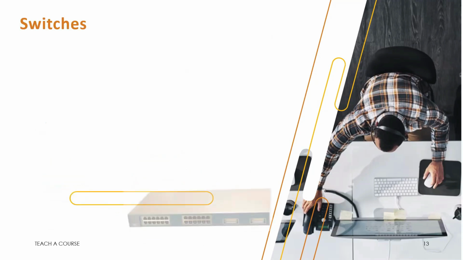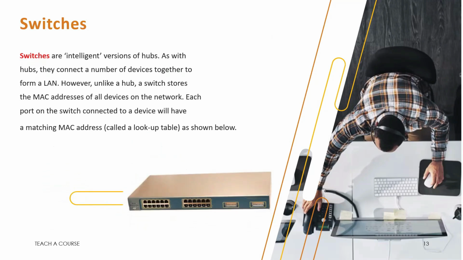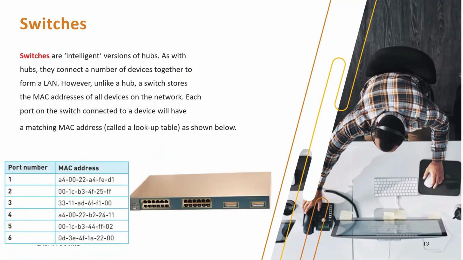Then we have switches. Basically, a switch looks like this, and a switch is an intelligent version of the hub in that it is going to check the data packet for the destination device. It will check and forward the message or the data to the correct device.